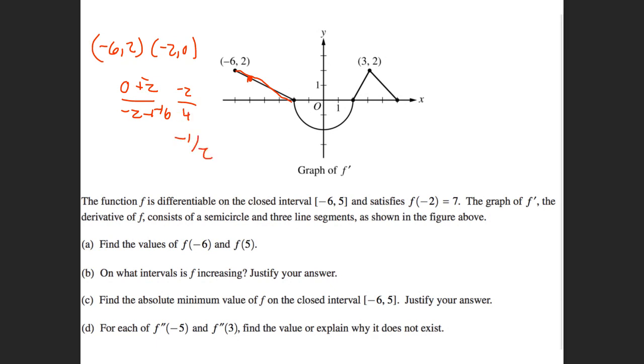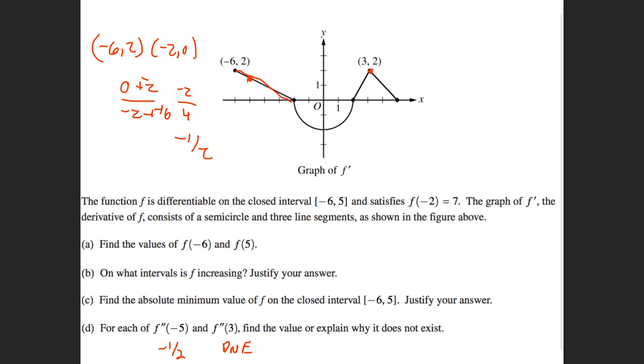So f double prime of negative 5 is negative 1/2. It's just a slope. Same thing with f double prime of 3. It's a slope right here. Well, guess what? We learned that there is no slope when there's a corner, a cusp, or if it splits. So this one does not exist.